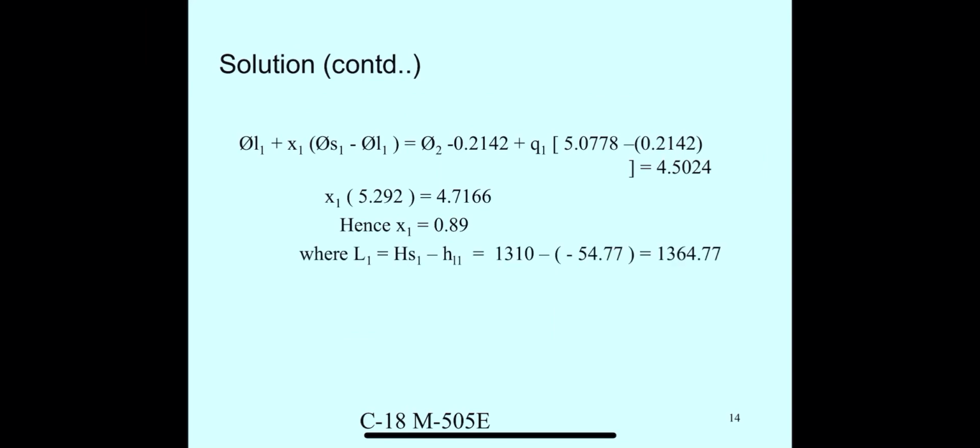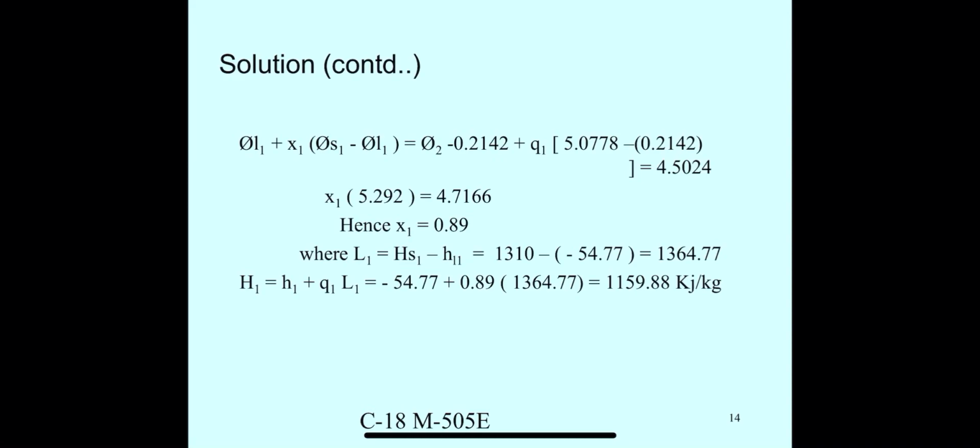X1 value. After getting the X value, we find out the latent heat L1 equal to hfg1, so find out the latent heat. Then after getting the latent heat, find out H1 equal to small h1 plus x1 L1.